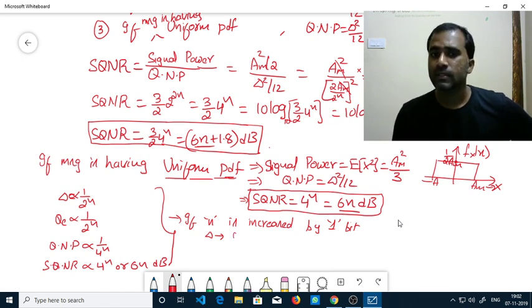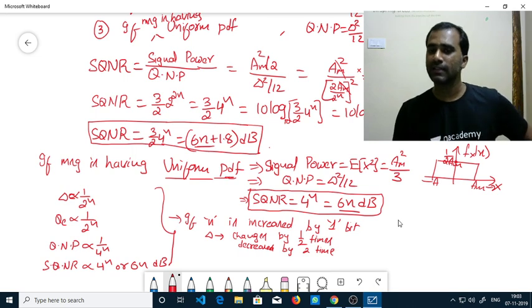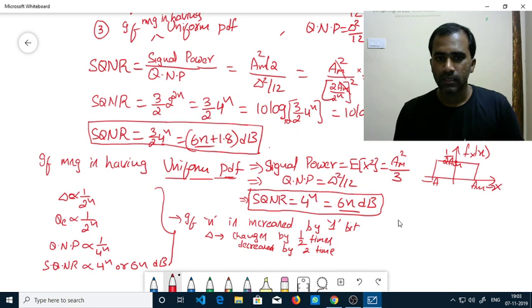Delta changes by half times, or the same answer can be told like this: delta decreases by 2 times. The same question can be asked like this or like this: it changes by how many times or decreases by how many times. Similarly, quantization error also has exactly the same answer. Quantization error also changes by half times or decreases by 2 times.